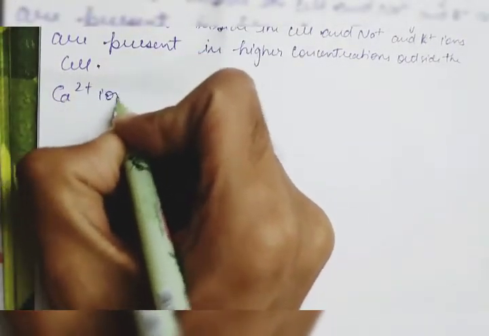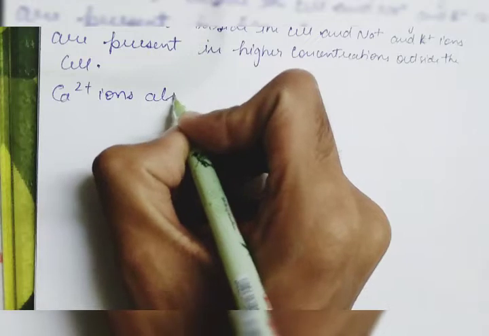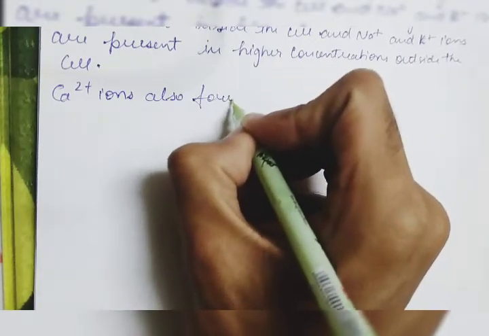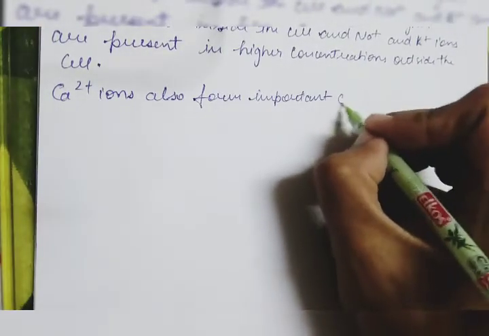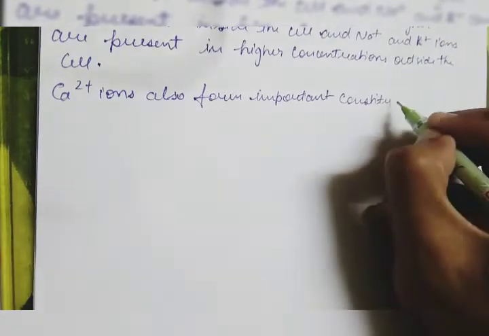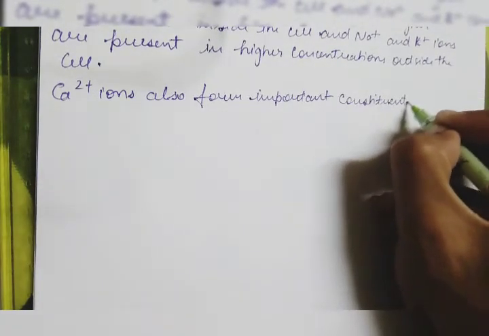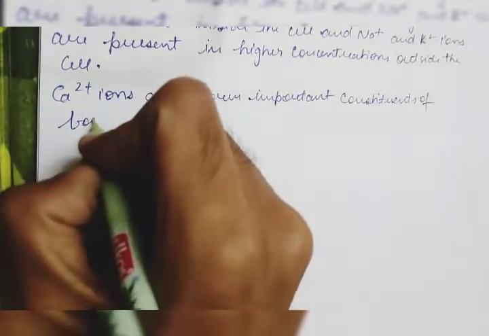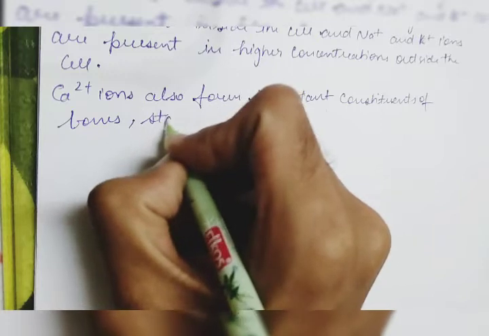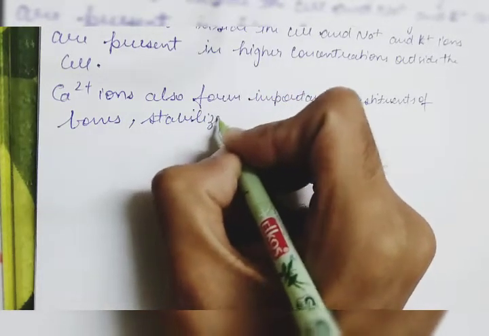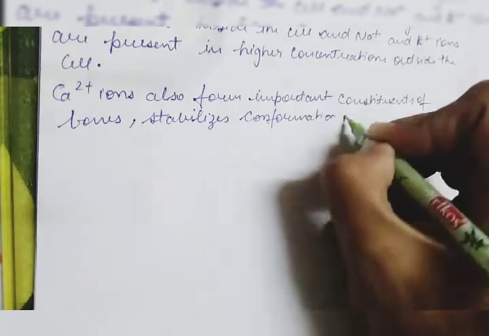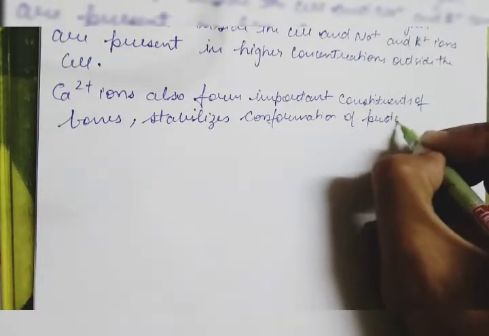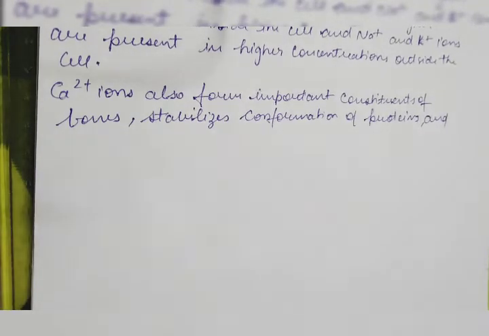Calcium 2 plus ion also forms an important constituent of bones, stabilizes conformation of proteins, and triggers muscle contraction.